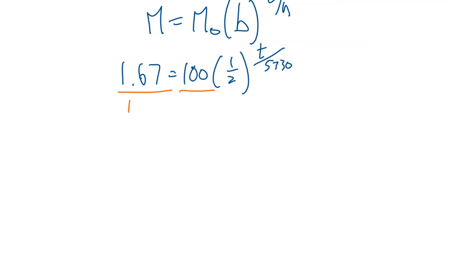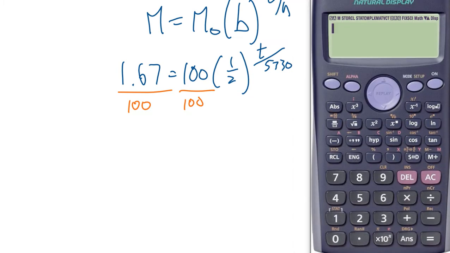And once you get it set up, it's the same steps every time. Divide by that coefficient. 1.67 divided by 100. This is where people could get the zeros out of place. So, if you have to use your calculator, do it.